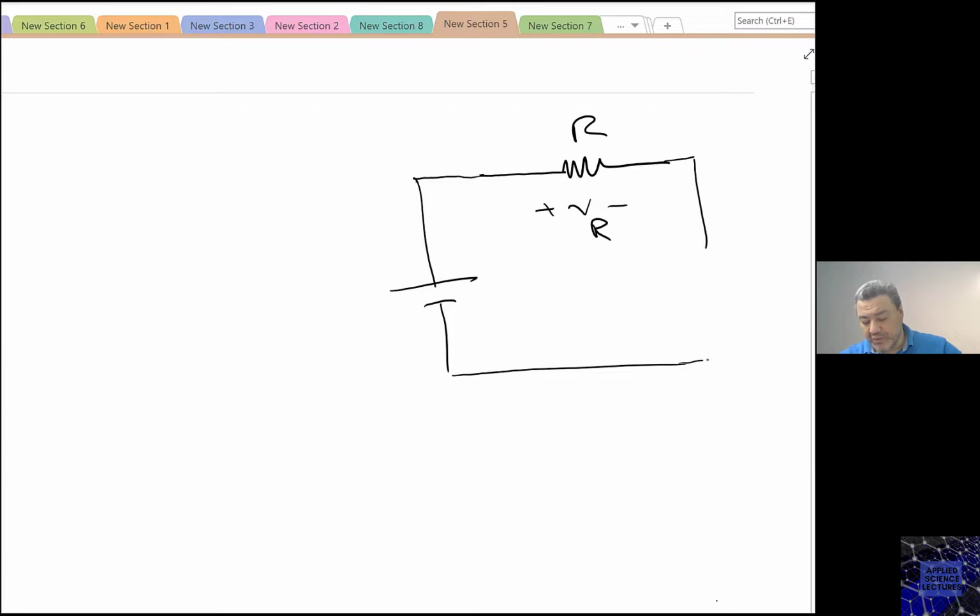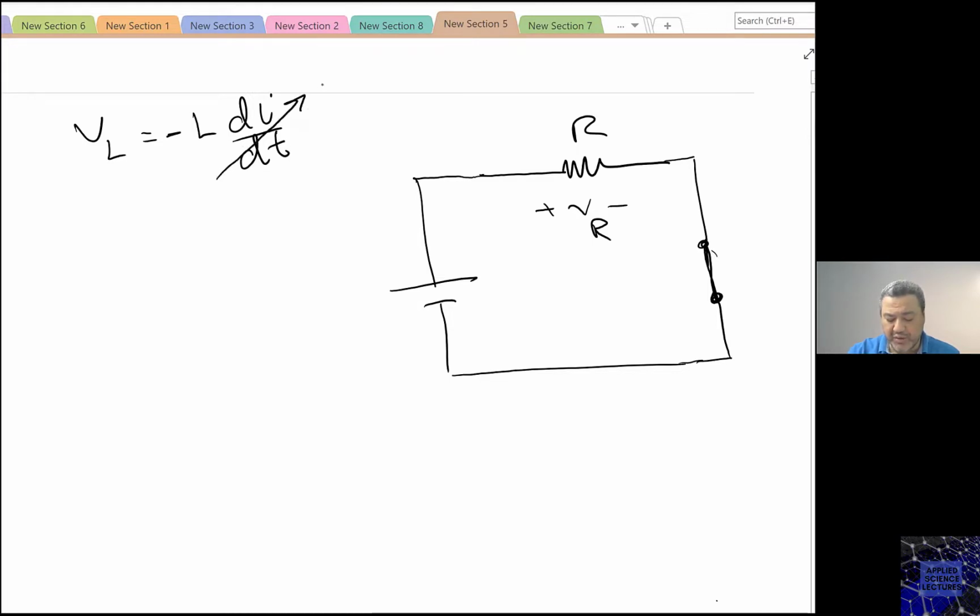So now, how are we going to deal with this inductor when this switch was closed for a long time, or this switch was at A, which means it was at A for a long time? In this case, the inductor is going to be a piece of wire. Why? Because once the switch was closed for a long time, my voltage across the inductor, which is, as we have seen earlier, minus L di over dt, the current is not changing with time anymore.